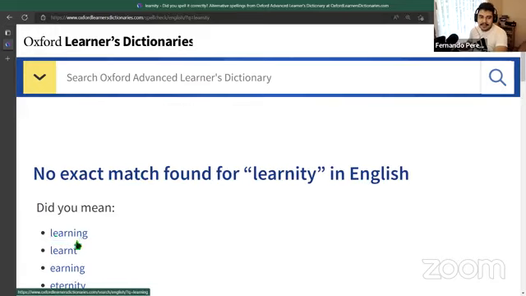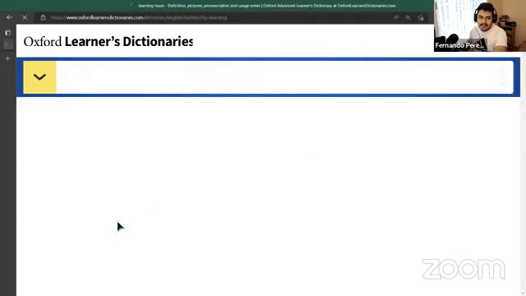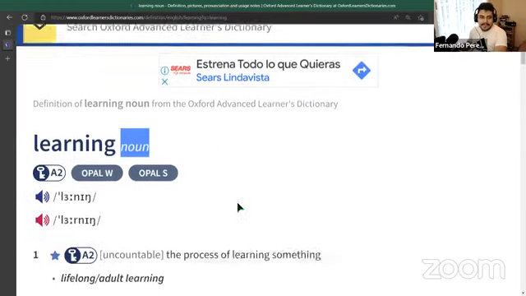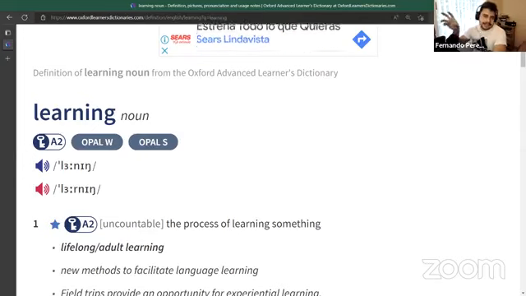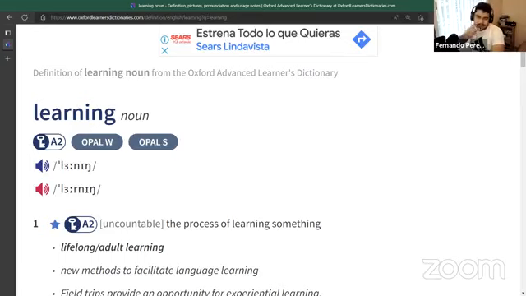It's very interesting how they give you the first option. It's learning now. Because precisely, if you use the incorrect suffix, the dictionary is going to help you. Watch out, this is not the suffix. You need this one. Those are the two ways.